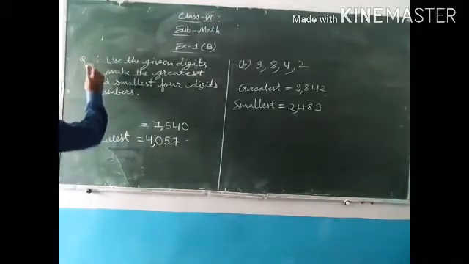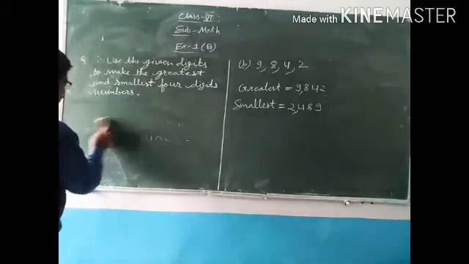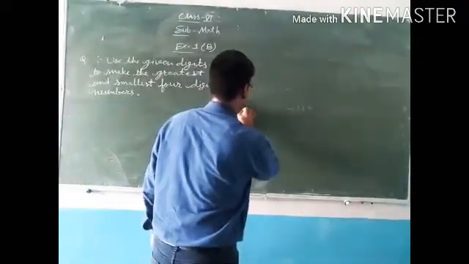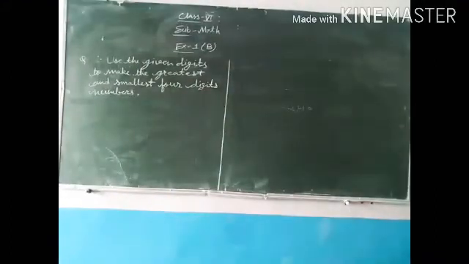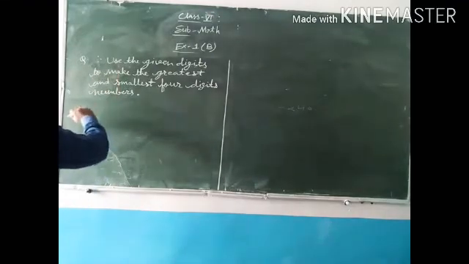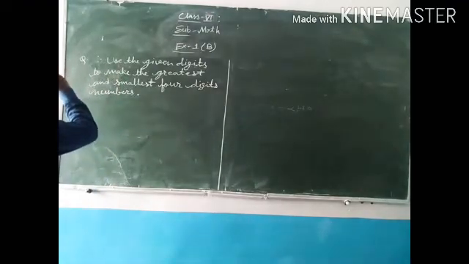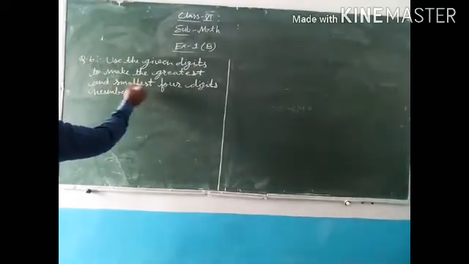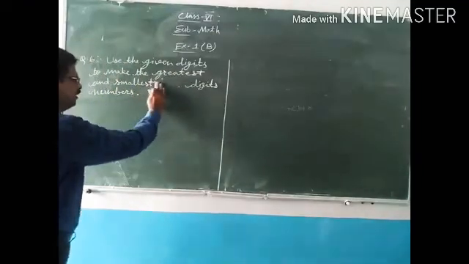Question number 6. In question number 6, use the given digits to make the greatest and smallest 5-digit numbers.